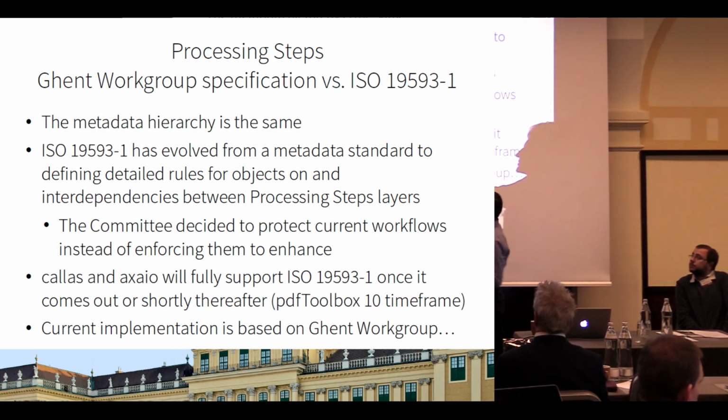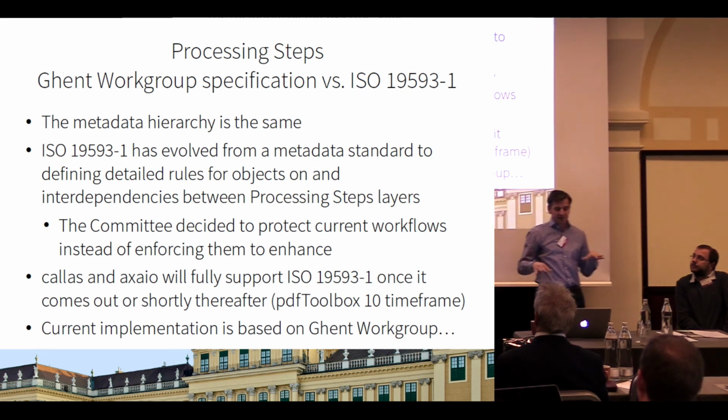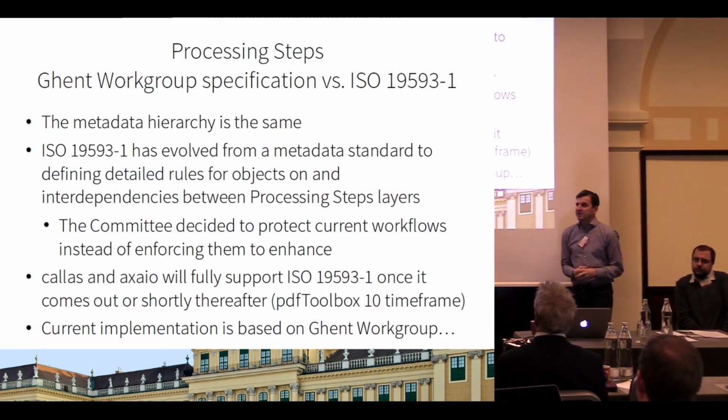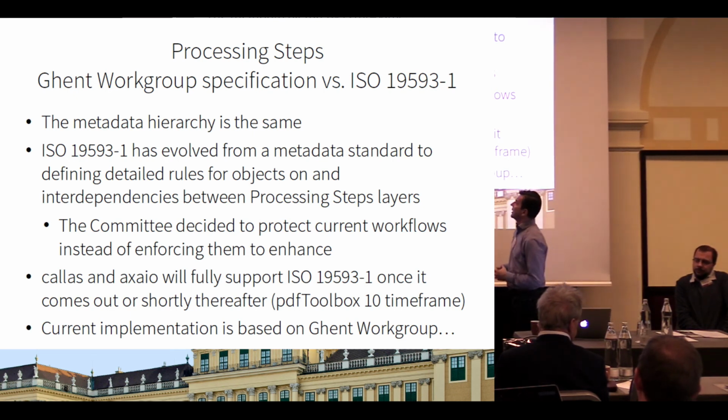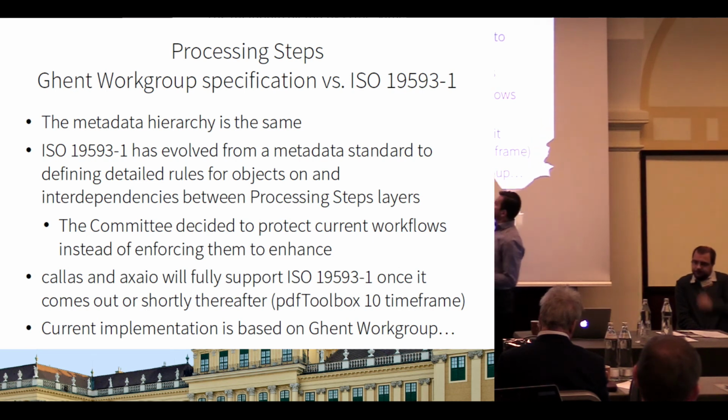As an alternative, it would have been possible to say, okay, we enforce these devices to be more intelligent in the future and become able to differentiate between a cutting path, a clipping path, and another path in a PDF file, but that will not take place, so that is not the case in the processing step standard.